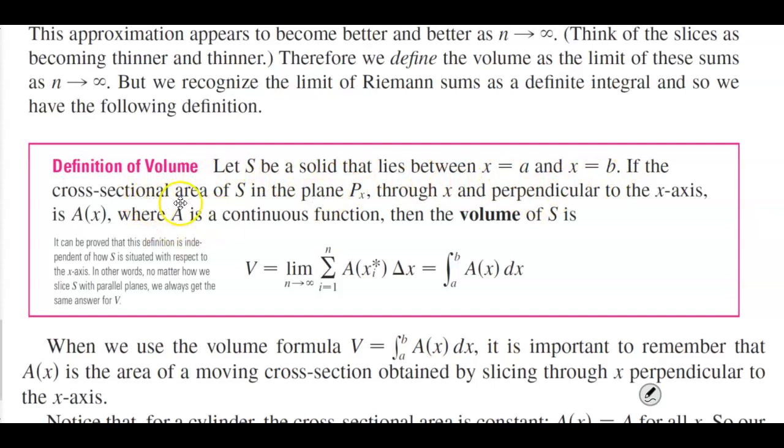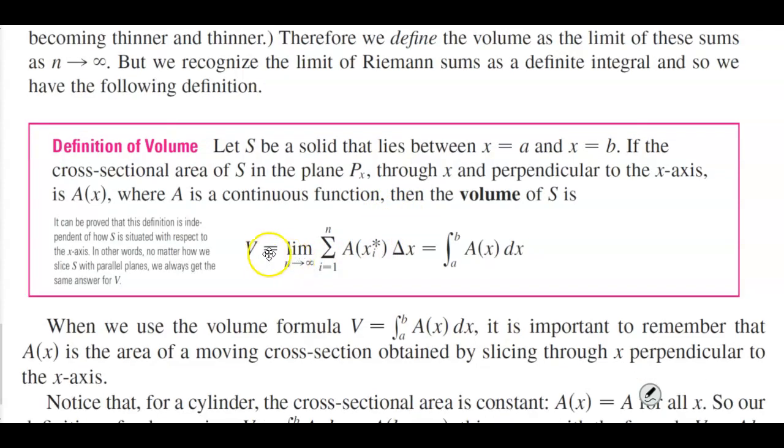If the cross-sectional area of S in the plane Px through x and perpendicular to the x-axis is A of x, where A is a continuous function, then the volume of S is the limit as n approaches infinity of the sum, which equals the integral from a to b of A of x dx.